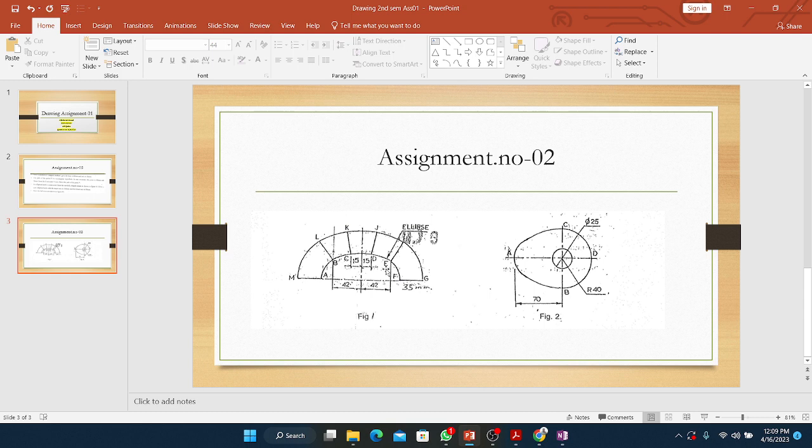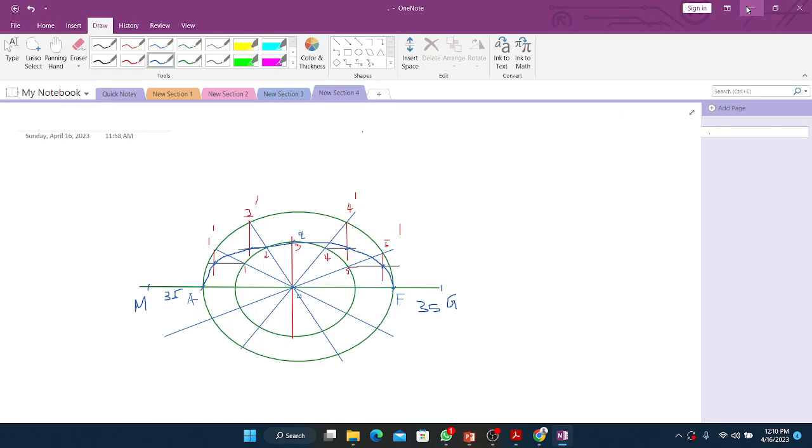So the B and E points lie at 42 millimeter from the axis. In 42 millimeter distance they are lying. So you want to mark 42 and 15. No? So B, C, D, E. You want to mark 42 and 15. So 42 from here, 42 millimeter distance.